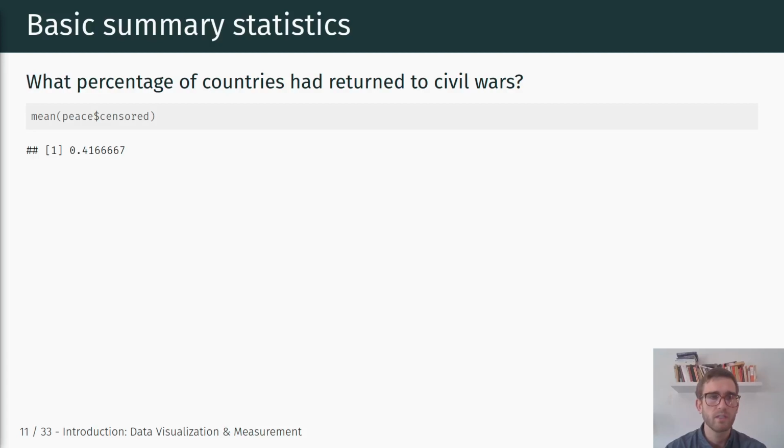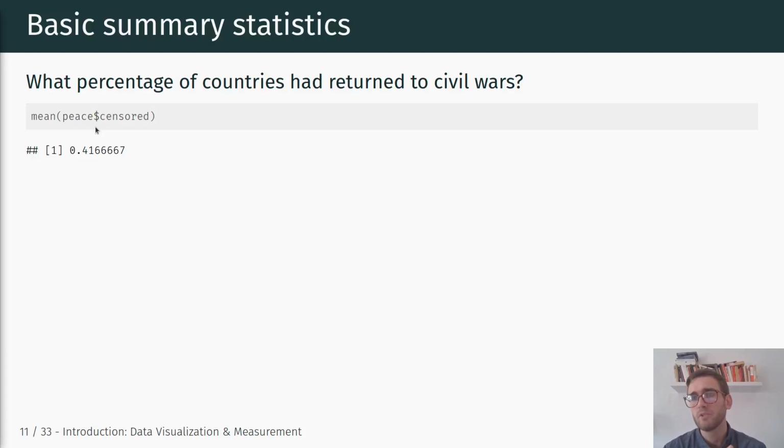In order to get the answer to that question, all we have to do is compute the average of our censored variable. Again, that's a logical vector, true or false, for whether there was a return to a civil war or whether the observation was censored by the end of the data collection.